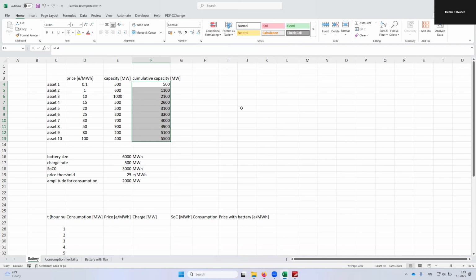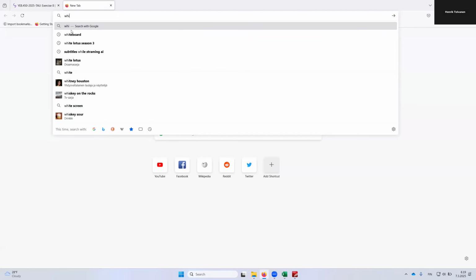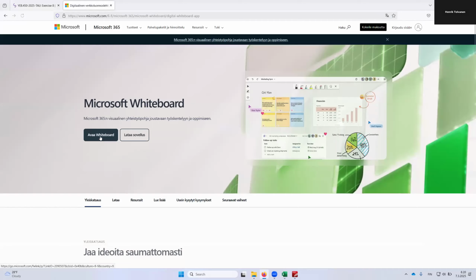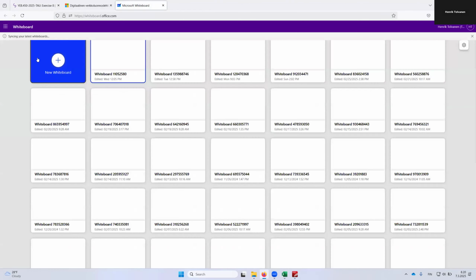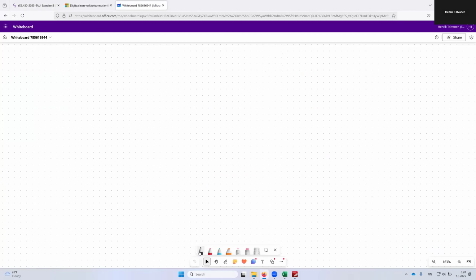So for the merit order curve, what we need is, let's go ahead and draw it. So I'm going to put whiteboard on. It's always good to draw or sketch what you are after to some extent, so it's easier to start working on it.